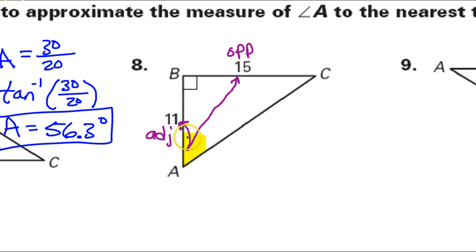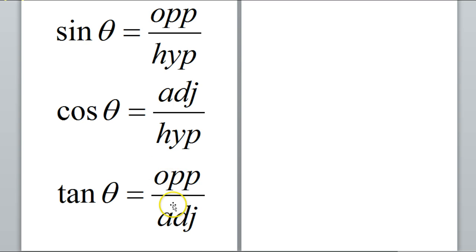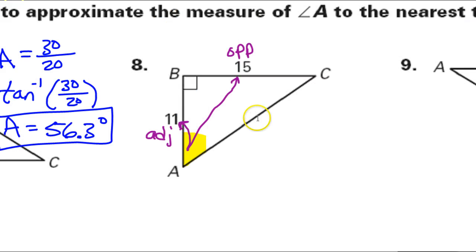So this is just like the last one. We have opposite and adjacent, and opposite over adjacent is the tangent function. I want to see 3 lines of information. The first line: we're going to use the tangent function. You always have to say the angle, which is A. We don't know what it is, so we just say A. Tangent of an angle is opposite over adjacent, so that's 15 over 11.